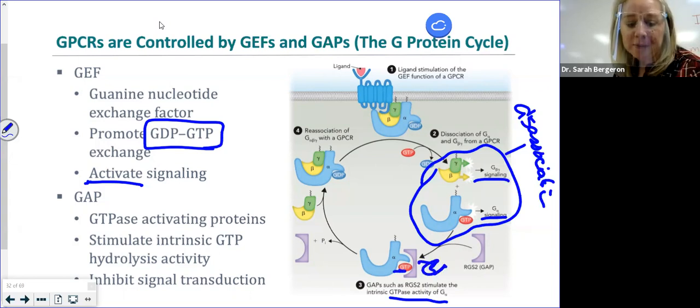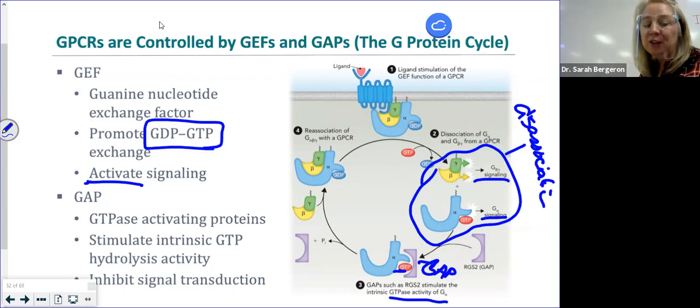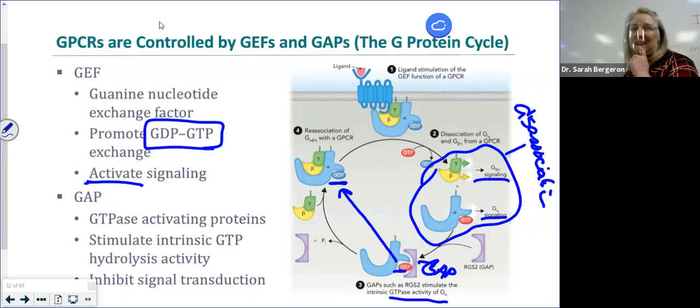The GAP is going to tell this G protein, hey, hydrolyze that GTP into GDP. So once we hydrolyze it, now everything reassociates and we go back to the resting state. So when the GPCR is activated, the old GDP molecule is kicked out, a GTP is put in, and then we turn it off, and that GTP is turned into a GDP. Correct. It's hydrolyzed. Yes.